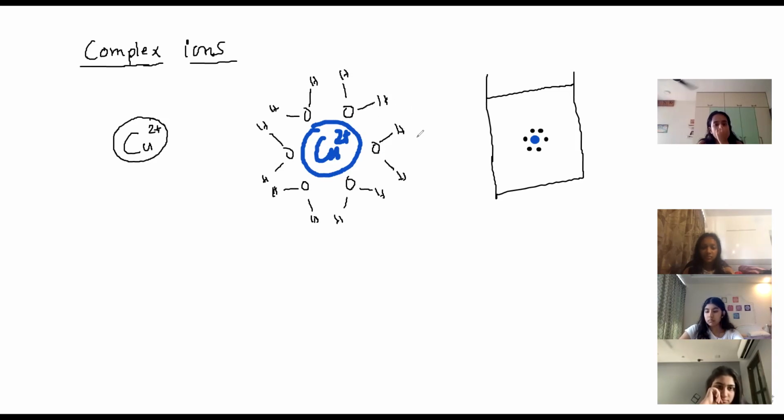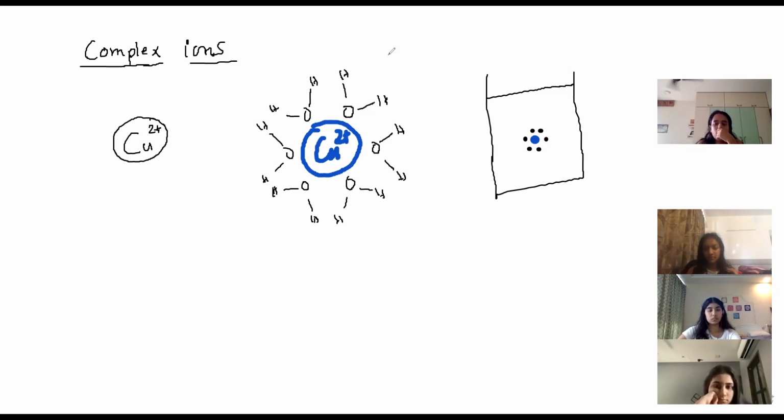Now, why are those water molecules around it? Because these water molecules are bonded with the copper ion. So how can they be bonded? The oxygen atom here in the water has a lone pair of electrons.